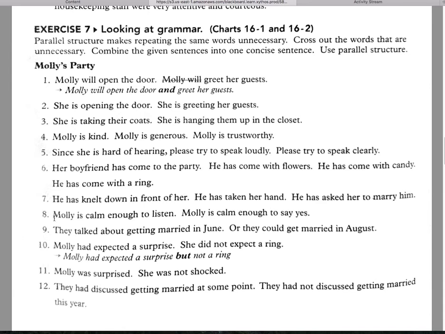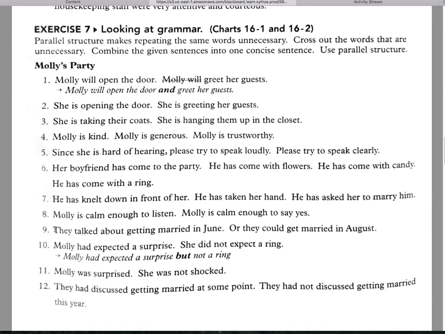Remember that if you're using two infinitives connected with a conjunction, the second "to" is not necessary. You can put it, it's correct. If you omit it, it's still correct, because you have parallel structure.